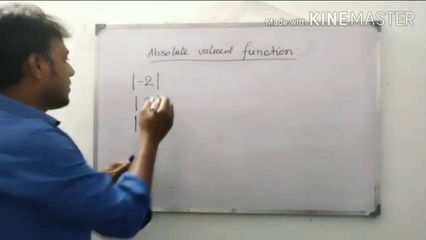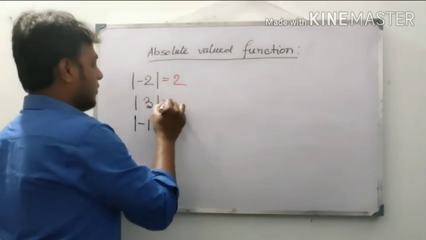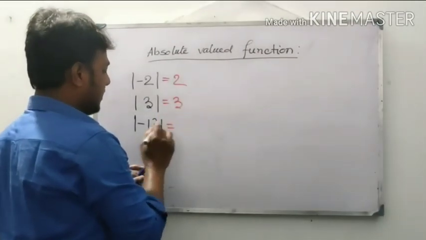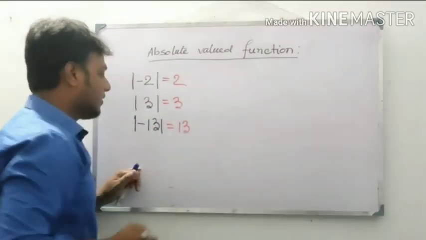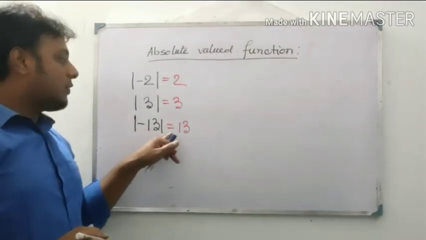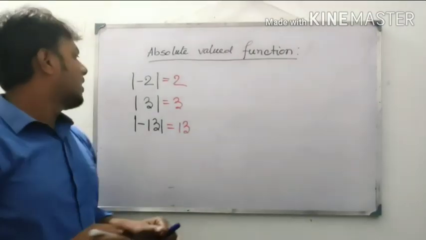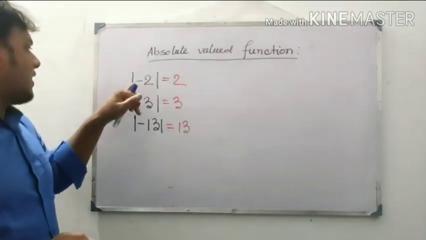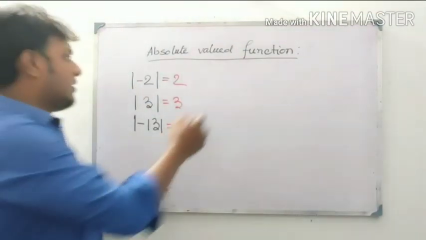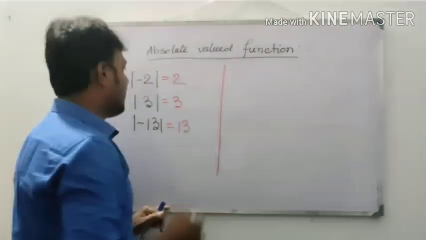Mod of minus 2 equals 2 itself, mod of 3 equals 3, and mod of minus 13 equals 13. Mod means we have to consider the positive value. Understood or not?